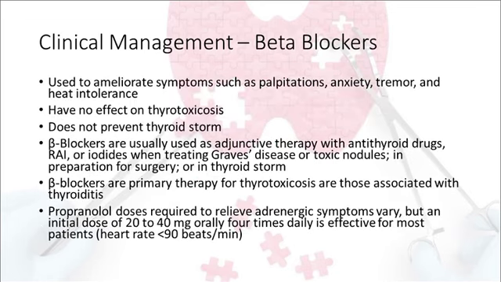In terms of beta blockers, they tend to ameliorate the symptoms such as palpitation, anxiety, tremor, and heat intolerance, but they have no effect on thyrotoxicosis and do not prevent thyroid storm.